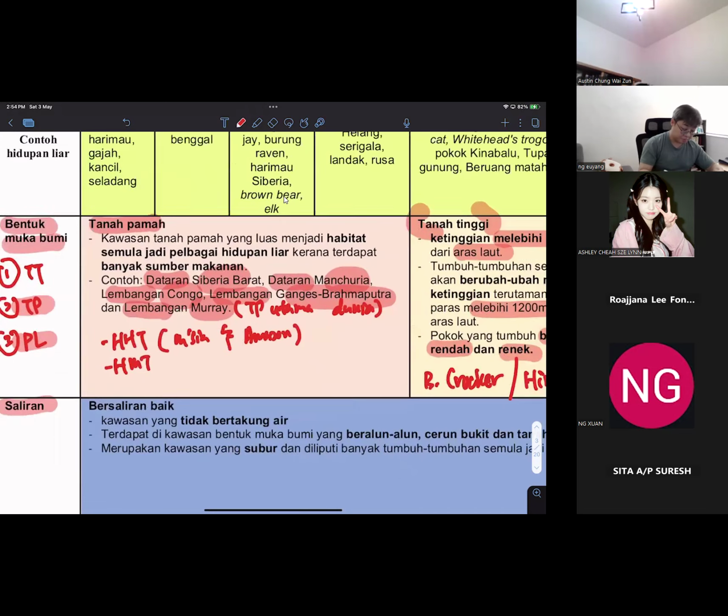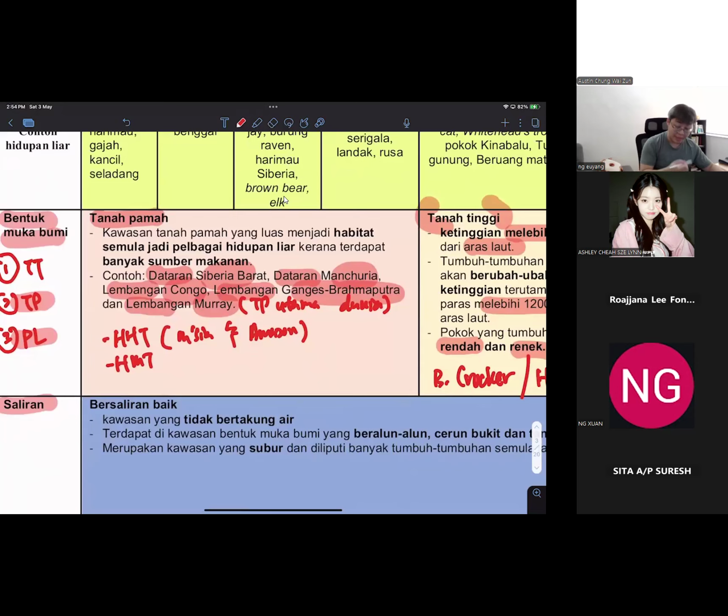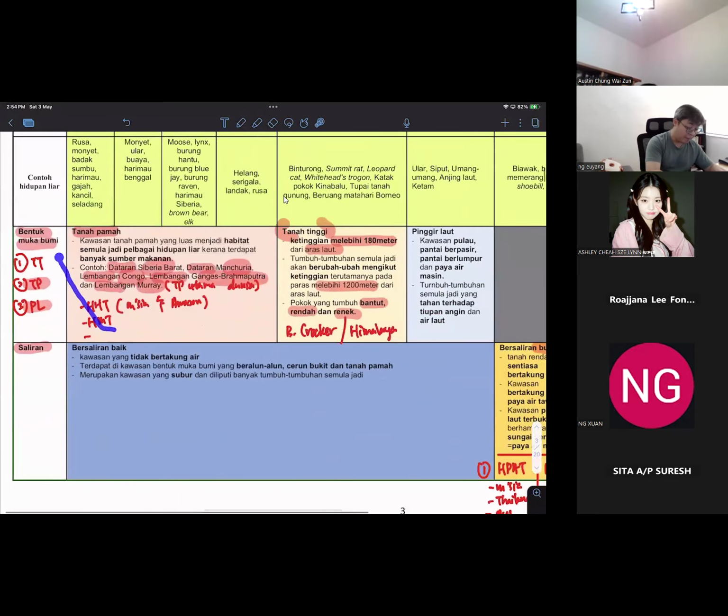Okay, so other than hutan monsoon tropika and hutan hujan tropika, what is one more hutan in Tanah Pama? It's very sejuk, and it's going to have snow falling during their winter season, musim sejuk, and they have the CD, FPS: pokok cedar, pokok birch, fir, pine, spruce. So this is Canada, within the Lake Tasek Great St. Lawrence.